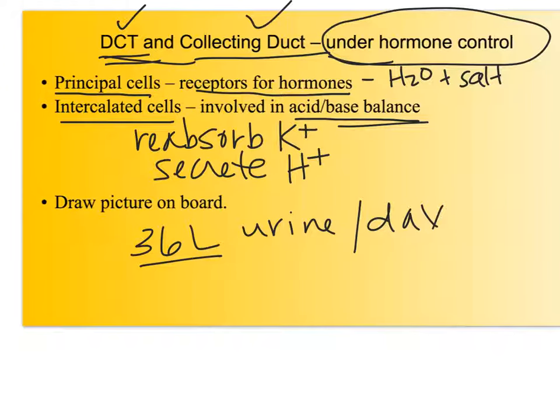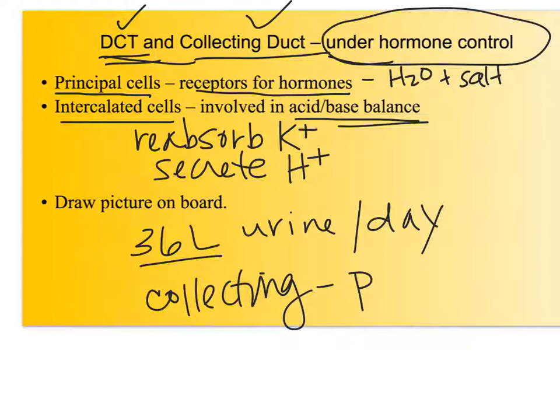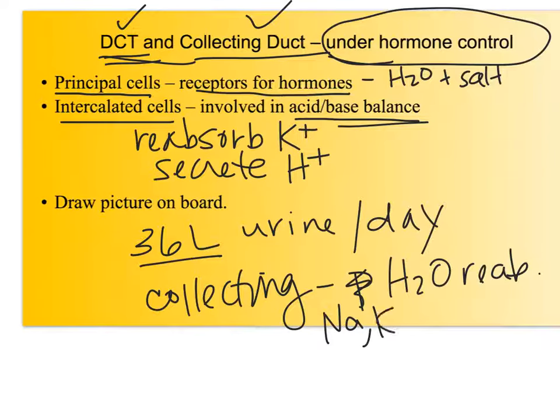So the collecting duct has to have water get reabsorbed and ions get reabsorbed, because there's too much of this when we're entering the collecting duct. So the hormones are next.